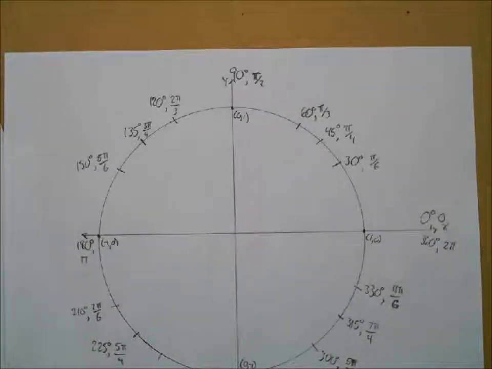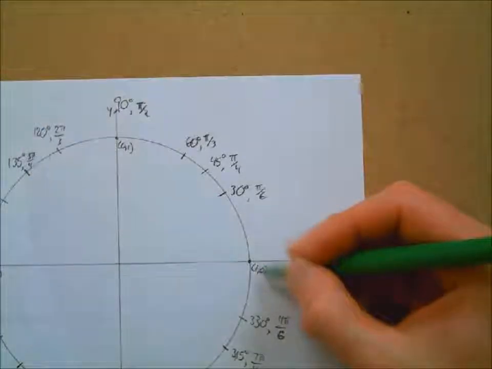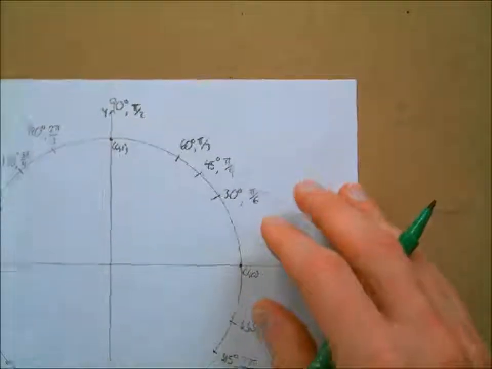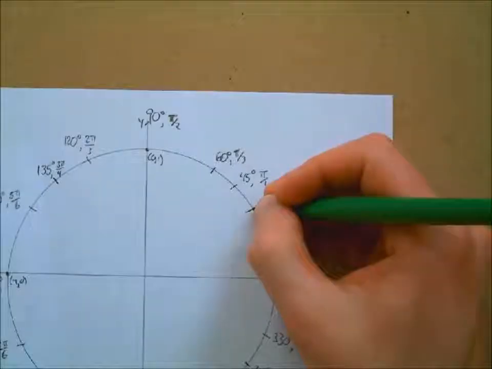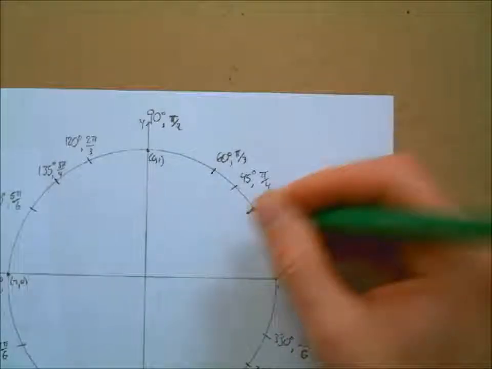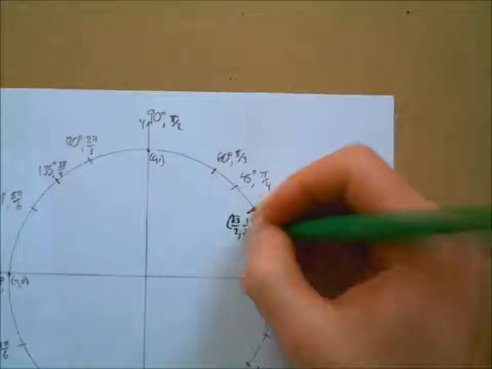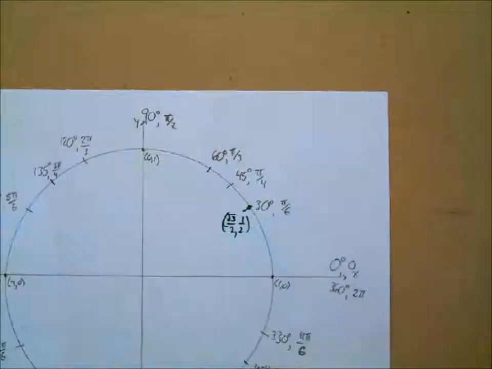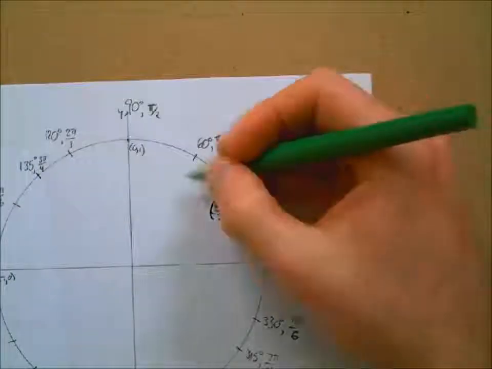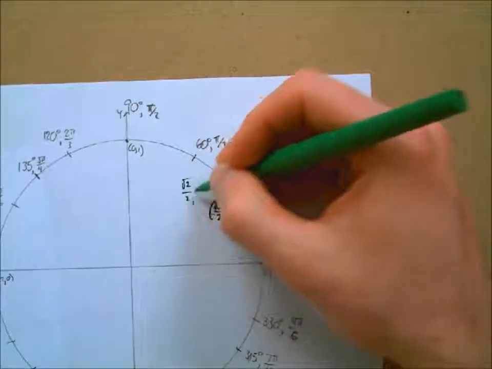Okay? So did we already have 1, 0 here for the coordinates? Okay, we did do that earlier. So I already have some of those points, but I don't have, for example, this one, right? So right here, 30 degrees, pi over 6, square root of 3 over 2, comma 1/2. 45 degrees, or pi over 4, that is root 2 over 2, comma root 2 over 2.